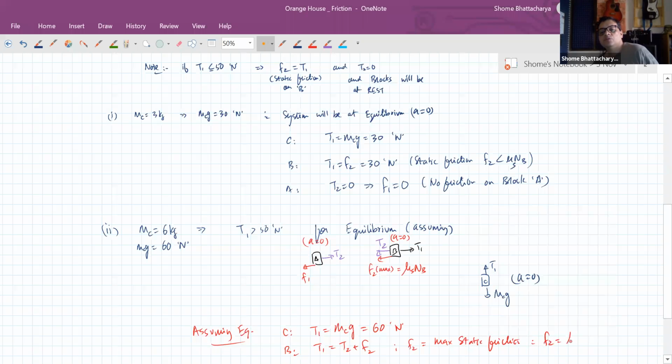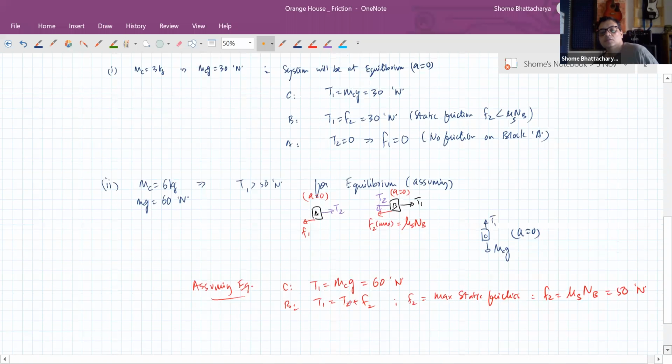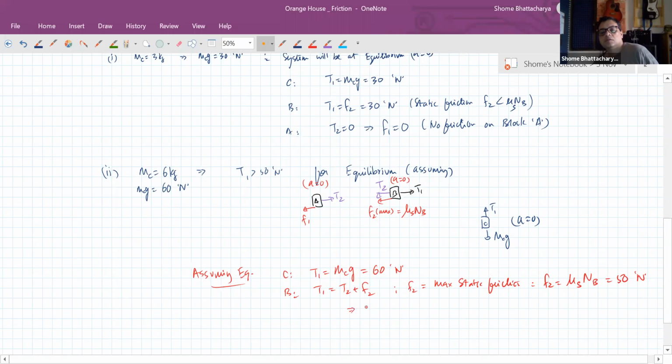So F2 will be coefficient of static friction multiplied by normal reaction acting on B. So it will be 50 newtons. Okay. So that will show you that T2 will be T1 minus this maximum friction available. So it will be 60 minus 50. So T2 will be 10 newtons.